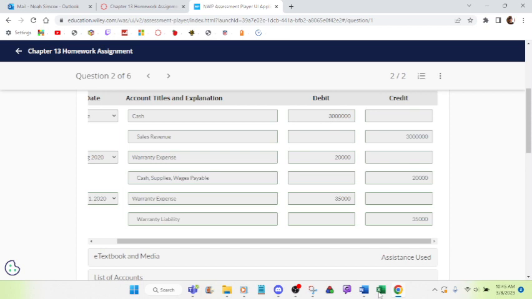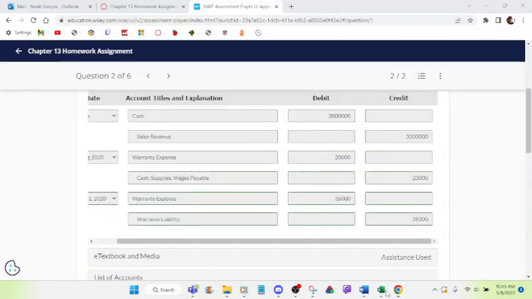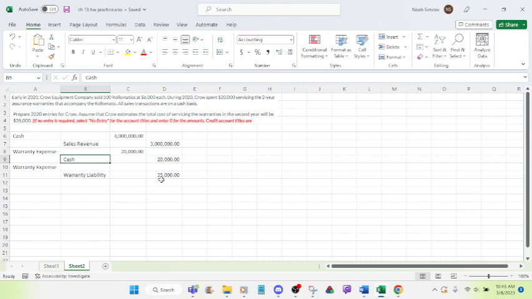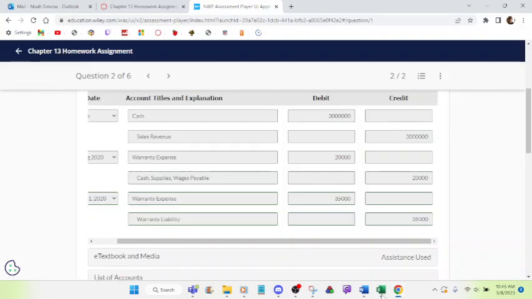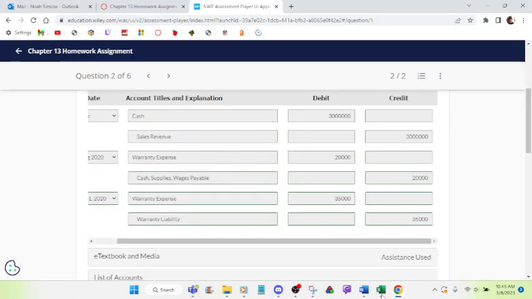Dude, he better not have something like that in this. It says cash, supplies, wages payable. I was completely correct in how I did this whole question, except for that one single part. Oh, fun.